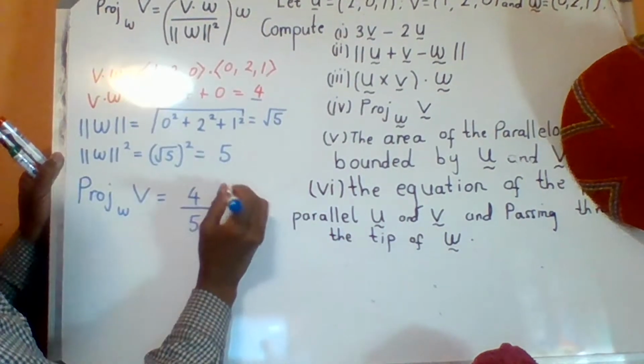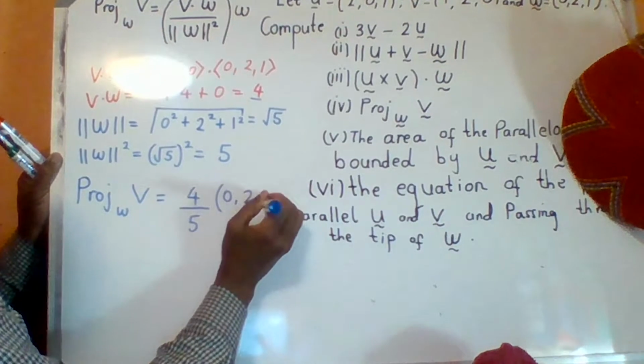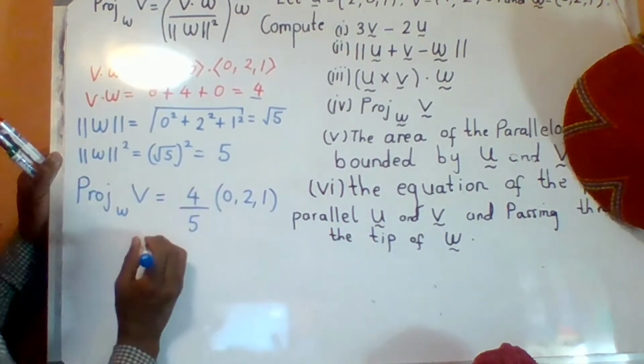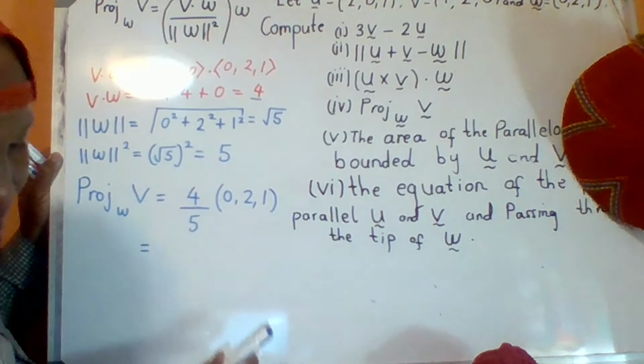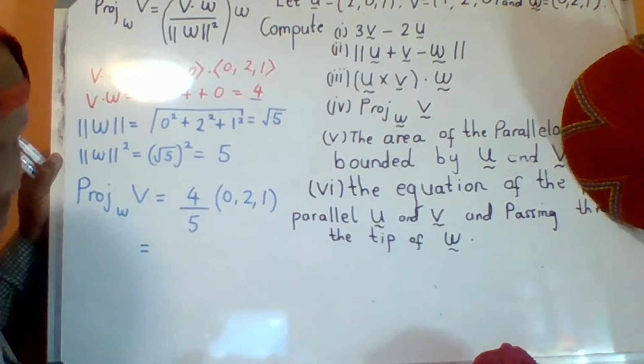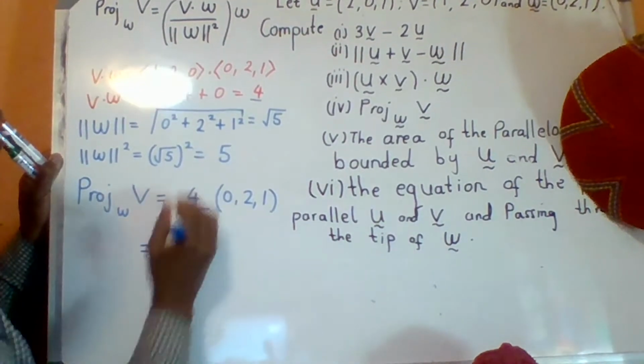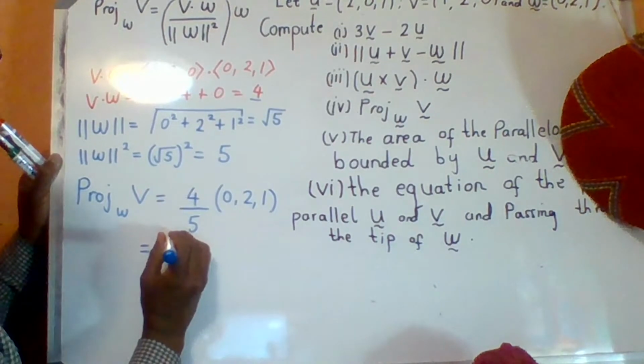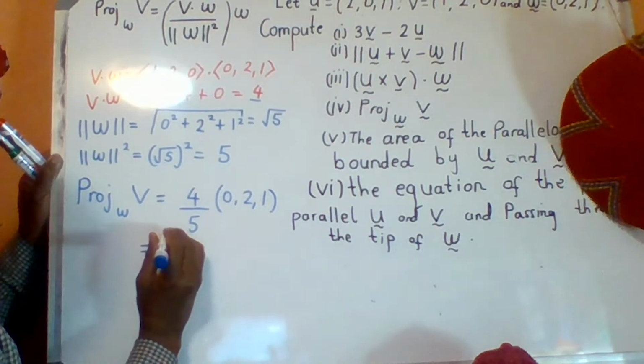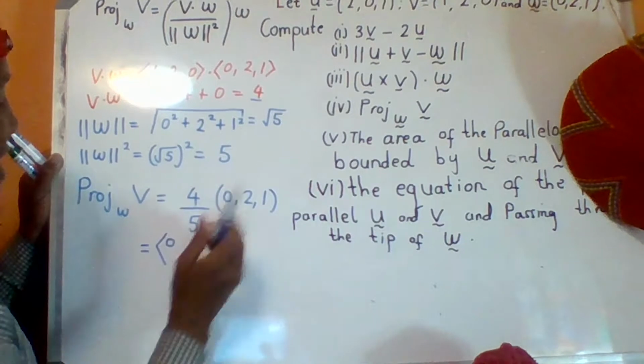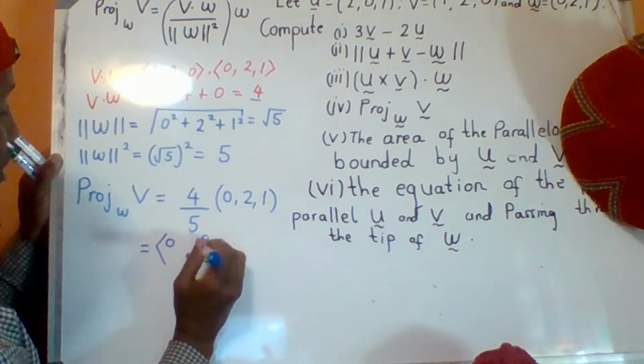So the projection of W onto V is going to be equal to V dot W, which we got equal to 4, and then over the magnitude squared, which equals 5, and then here we have W again. What is W? W equals 0, 2 and 1. So we can put it in.